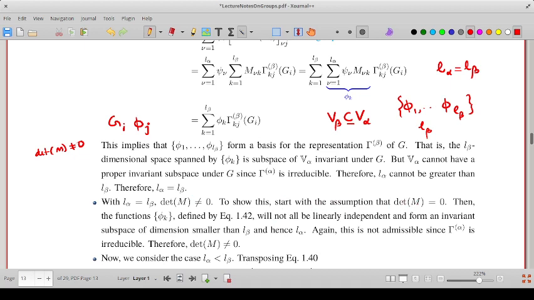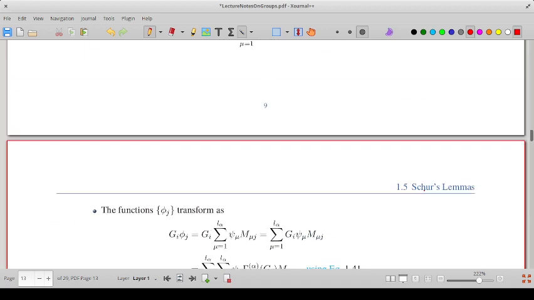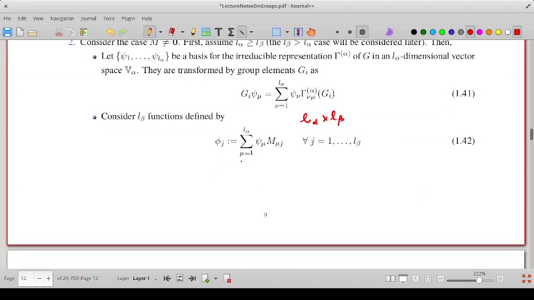Suppose the determinant of M is 0. Then consider this definition, the linear combination of psi mu's that gives phi j's. If the determinant of M is 0, that means all phi j's that are obtained by this equation are not linearly independent.